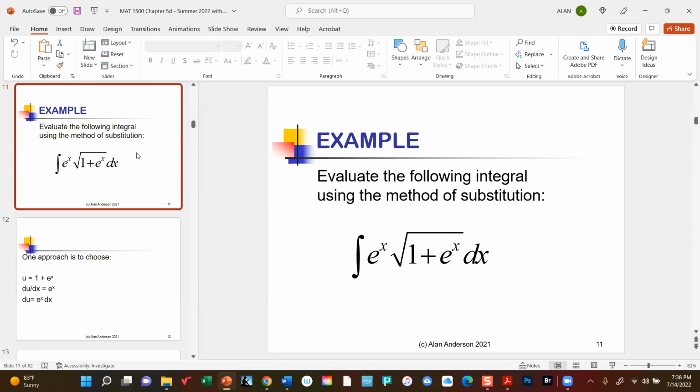Here's the hint: this complex expression is being raised to the 1/2 power. If you notice how many times we've done this already, u is usually taken to be whatever messy expression is being raised to an exponent. So why don't we try letting u equal 1 plus e to the x, and then let's see if we have the du that we need.